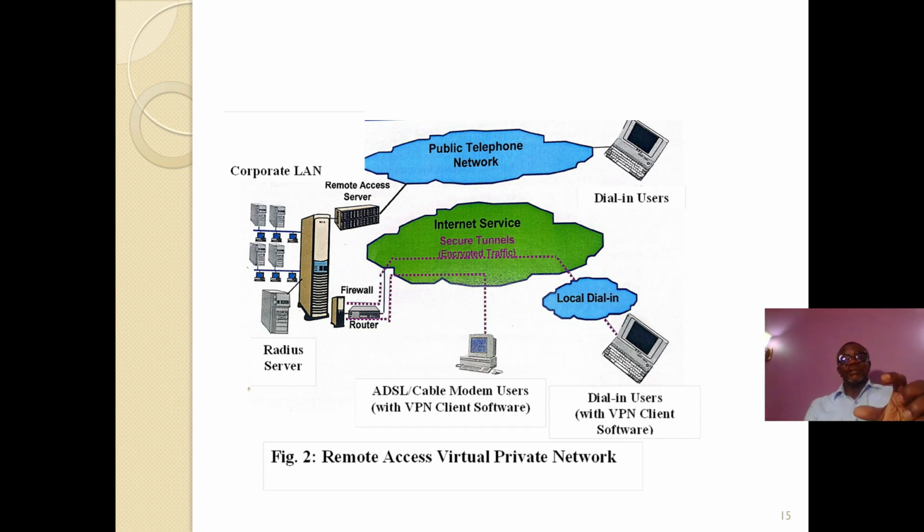So you see, it could be done in two ways: going through the public telephone network or through the internet services. But when it is through the internet services, the dialing user must have in his system the VPN client software to be able to do that.